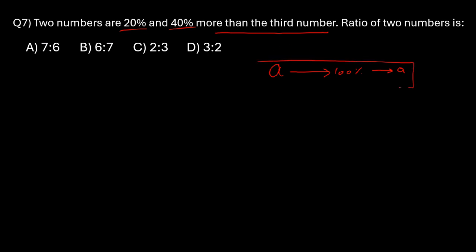So what I'm going to tell you is, let the third number be 100. First number, second number, and the third number. Let the third number be 100. The first number is 20% more than the third number.